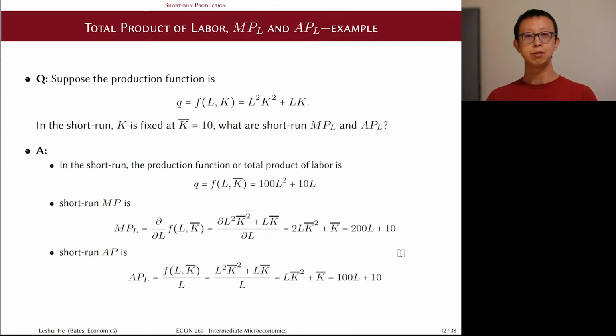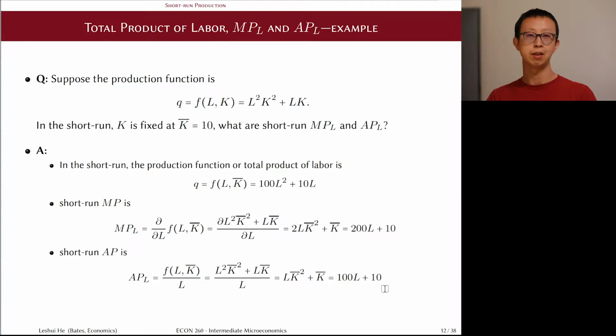Well, the average product of labor is the total product divided by the amount of labor used to produce that particular amount. So we have the following expression. With K fixed at 10 units, the average product of labor is just 100L plus 10.